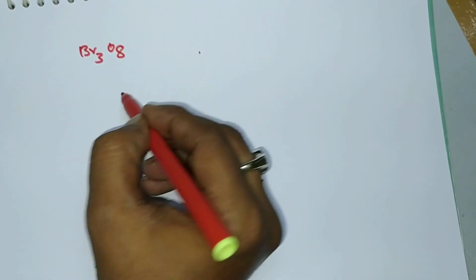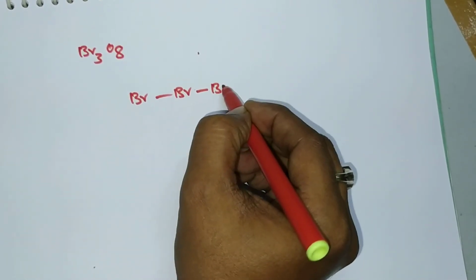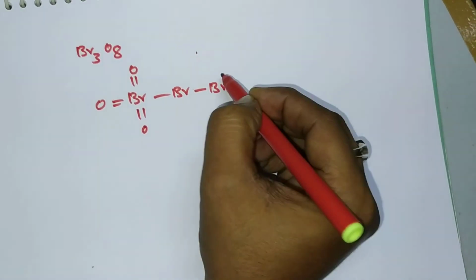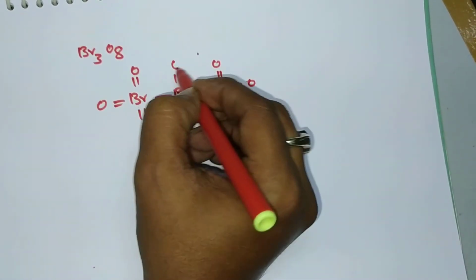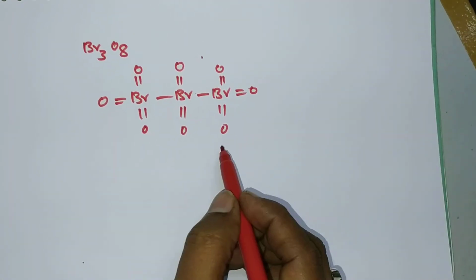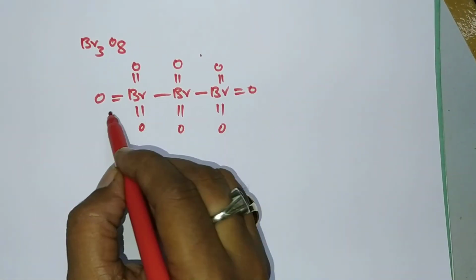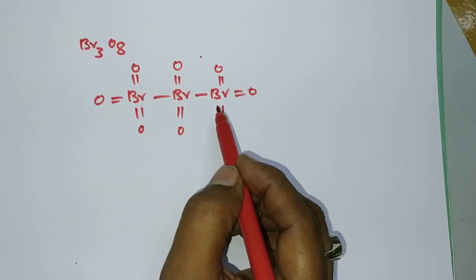The structure will be like this: Br, Br, Br, and 3 oxygens are here, and 3 more oxygens are here, and 2 oxygens are here. So the structure of Br3O8 is like this. Now we have to calculate the oxidation states of these 3 elements. So calculate these 3 and comment in the comment box.